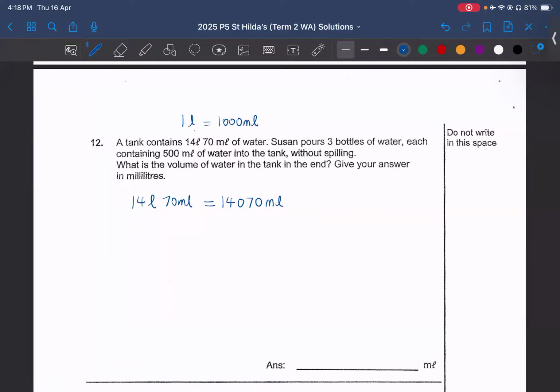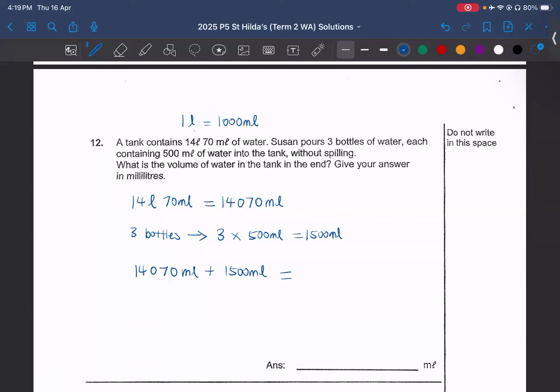You know that she poured in 3 bottles of water, each containing 500 milliliters of water, into the tank. So the volume of water that you added will be 3 times 500 milliliters, which is 1,500 milliliters. To find the volume of water in the tank in the end will be just the volume of water at first, which is 14,070 milliliters, plus the 1,500 milliliters that you'll be adding in.